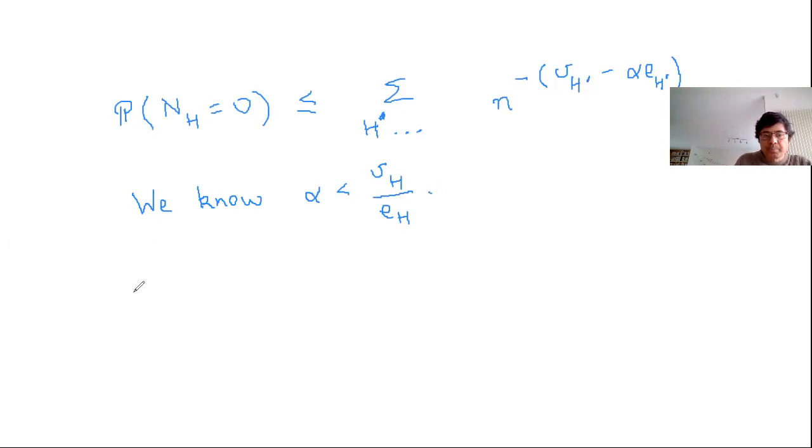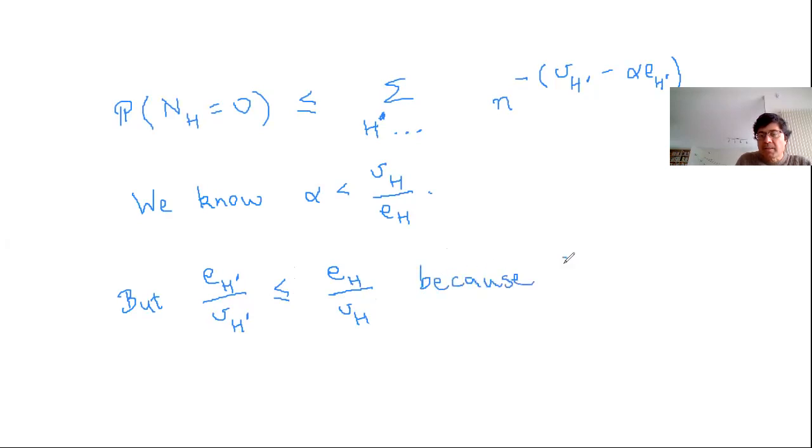But we also know that EH' over VH' is less than or equal to EH over VH. Why do we know this? We know this because we assumed in the statement of the theorem that H is balanced. And this is the definition of balanced.